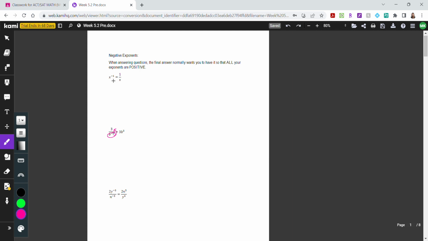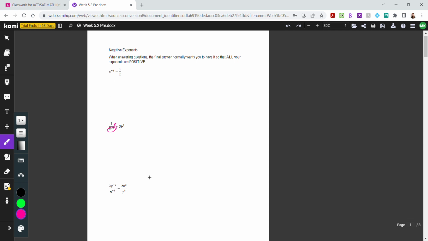The 3 stays where it is because it has a positive exponent. It's 3 to the power of 1, positive. B just joins it, because if it's at the bottom it has a negative exponent, and when you bring it on top, it will have a positive exponent. So, like I said, with negative exponents, you just want to flip it upside down.